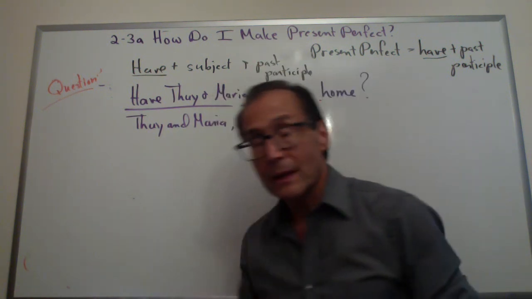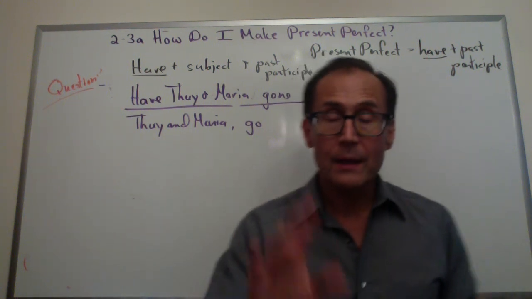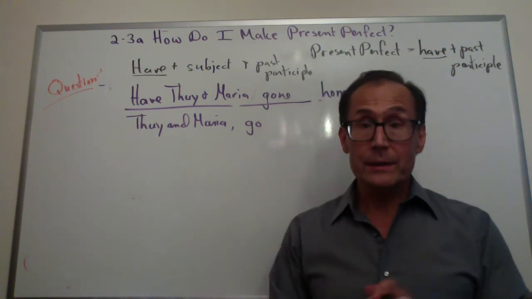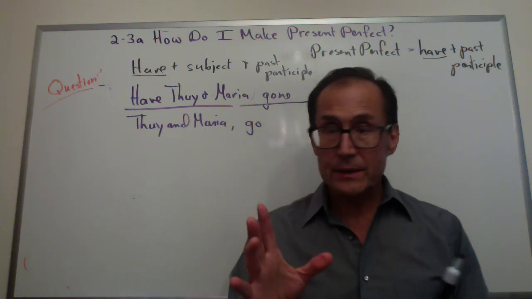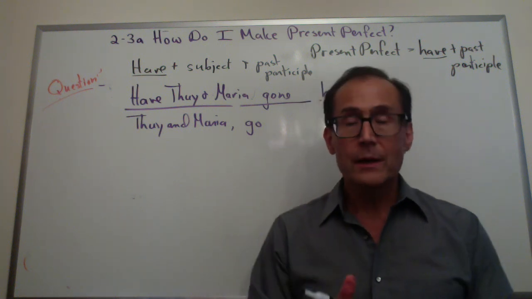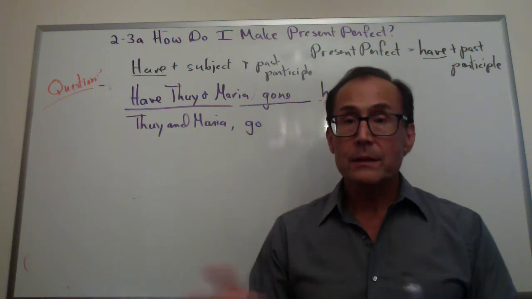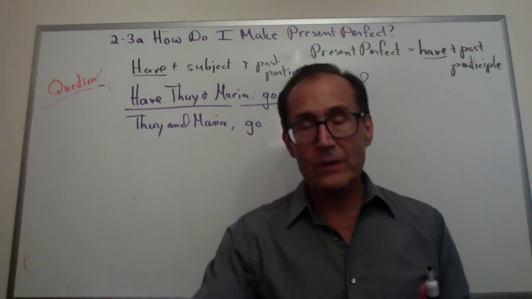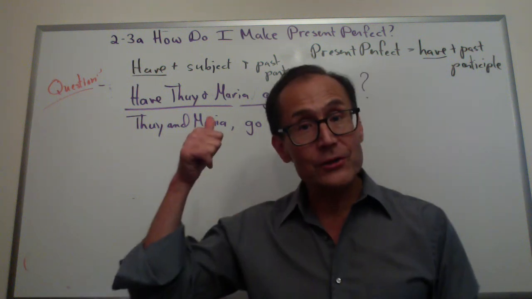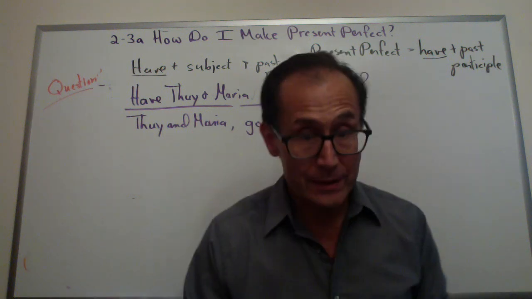Okay. Now, I went over that pretty quickly. If you would like to study this more or go over it more, I really recommend finding my free book online, downloading that, and looking at the section on how do I make present perfect.